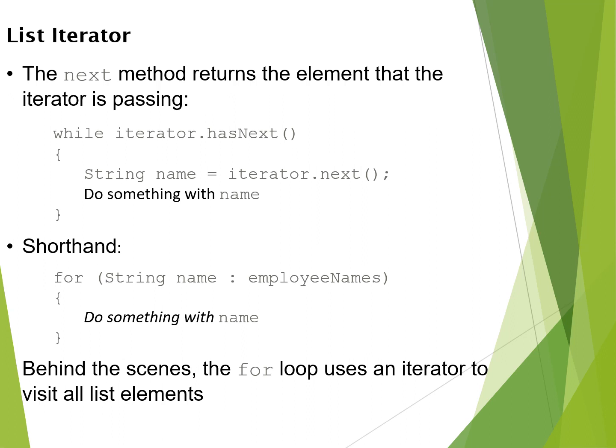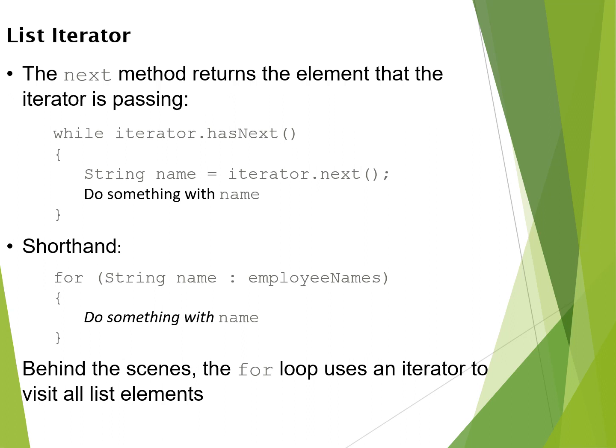You can simply write for string name colon employee names, do something with name, which is a string. So basically, behind the scenes, the compiler converts this for loop to the while loop that you have seen. So behind the scenes, the for loop uses an iterator to traverse all the elements in the linked list.